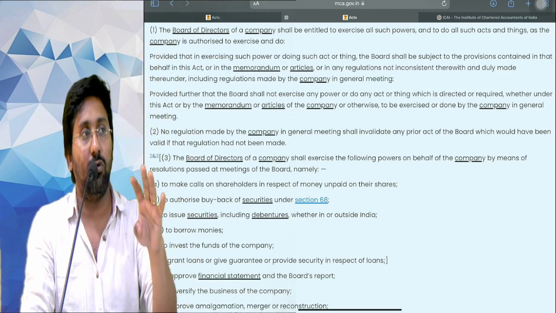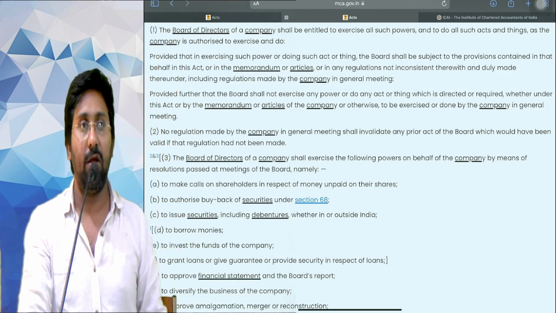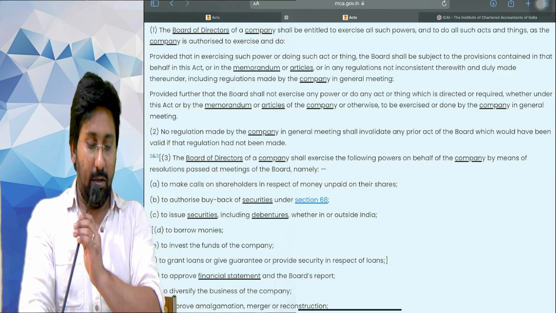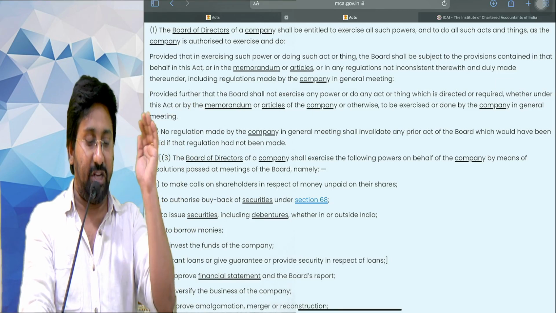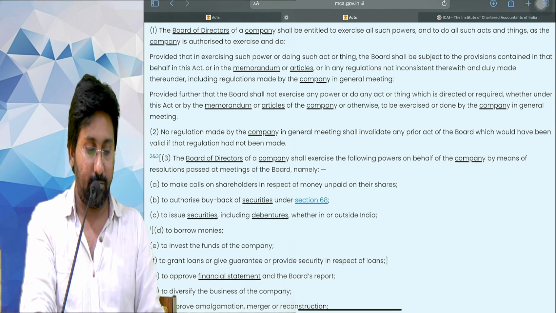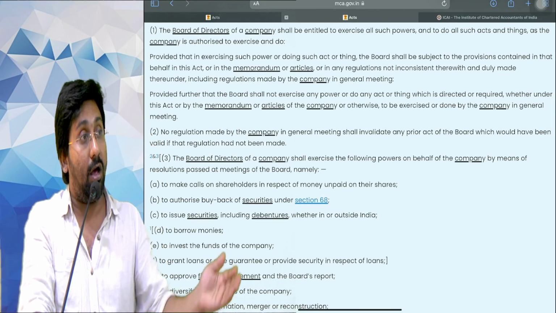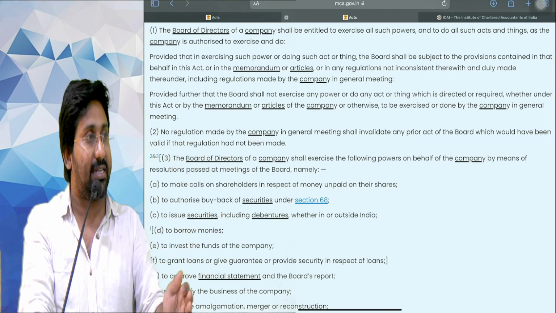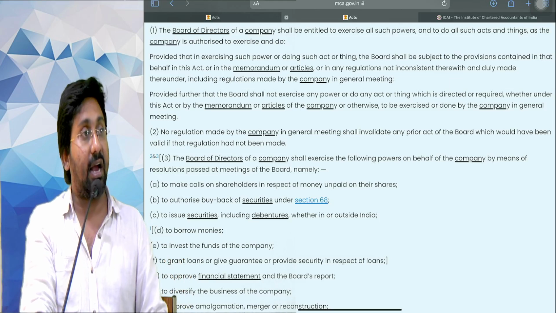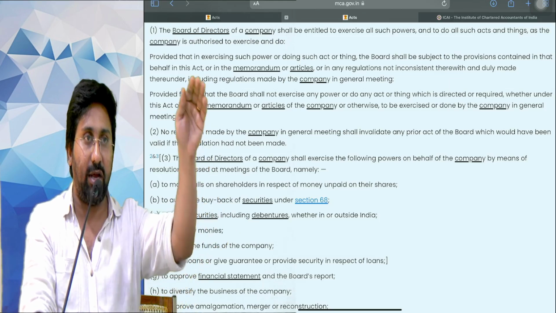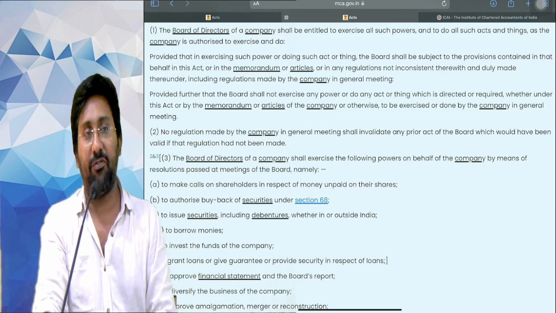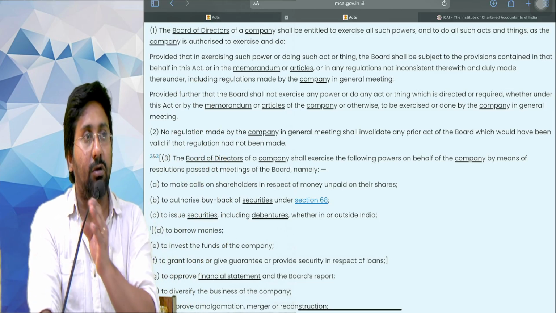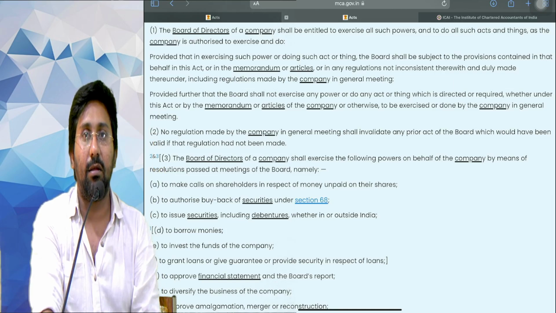Let us read those and understand. Read subsection 1. What can the board do? The board of directors of the company shall be entitled to exercise all such powers and to do all such acts and things as the company is authorized to exercise and do. So first thing, the board of directors, one director, collectively board of directors.